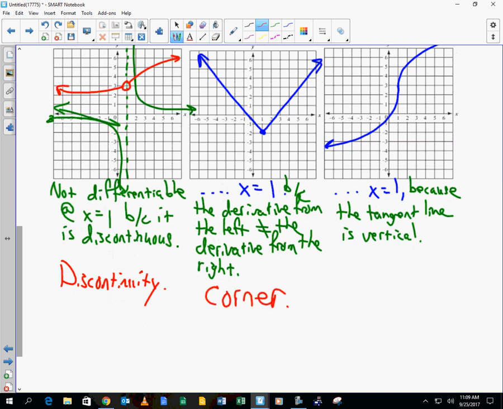A corner is a common phrase that comes up in calculus, but what it really means is that the derivative from the left is not the same as the derivative from the right. And the final one, and the one that people forget most often, is the vertical tangent. These are your three situations where you lose differentiability.